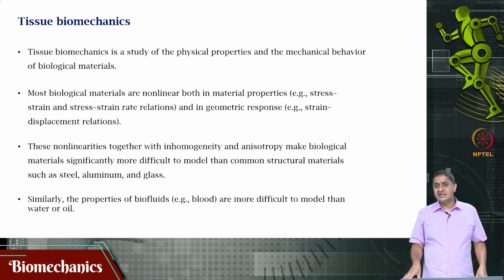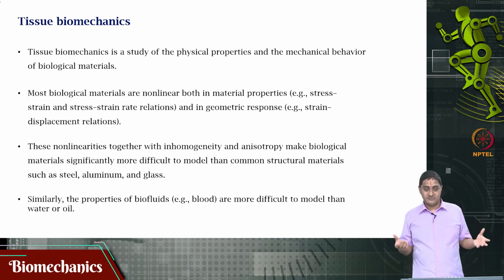Whereas the materials that we study as biological materials are not isotropic. That means you study the material property in one direction, and it has a certain characteristic. The same material studied in a different direction, in a different dimension, the property is completely different.